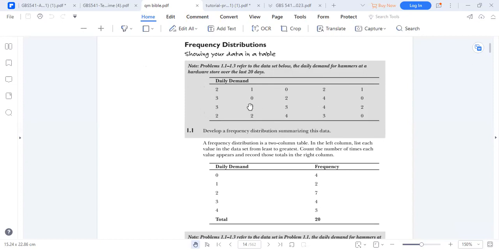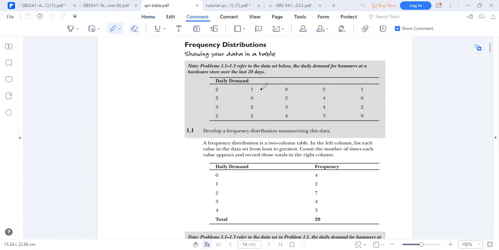To start with, the figures here are hovering between 0, 1, 2, 3 and 4. How many zeros do we have in here? We can literally count them: 1, 2, 3, 4. So the frequency of the zeros is 4. The ones are 2.